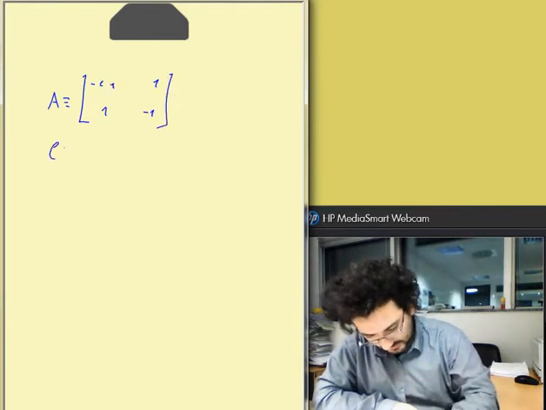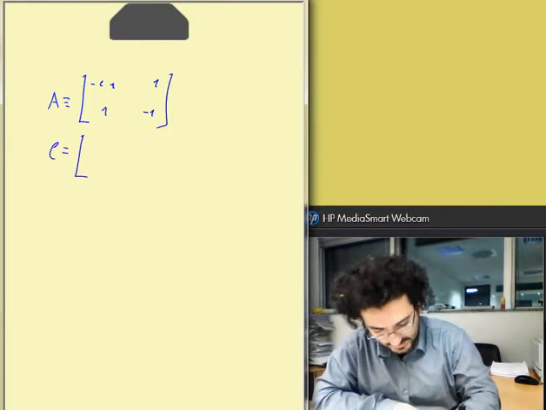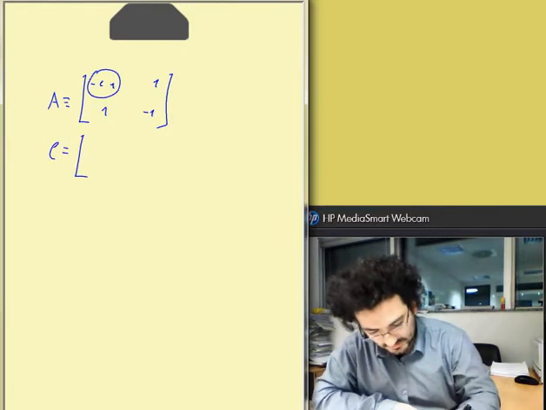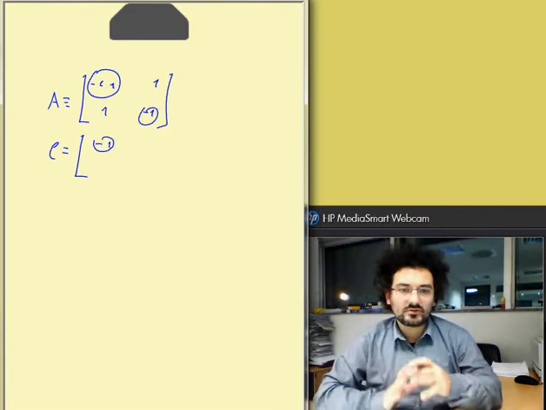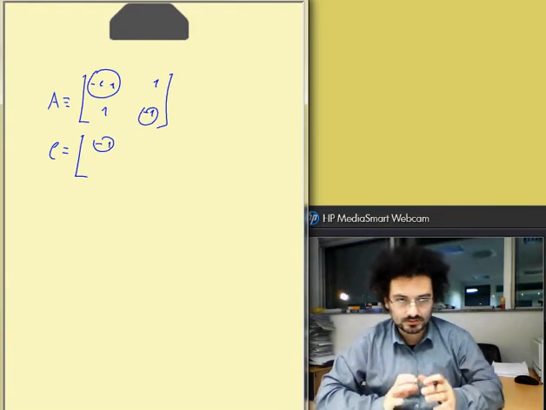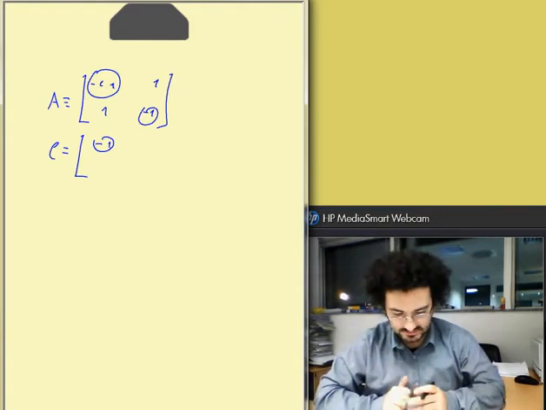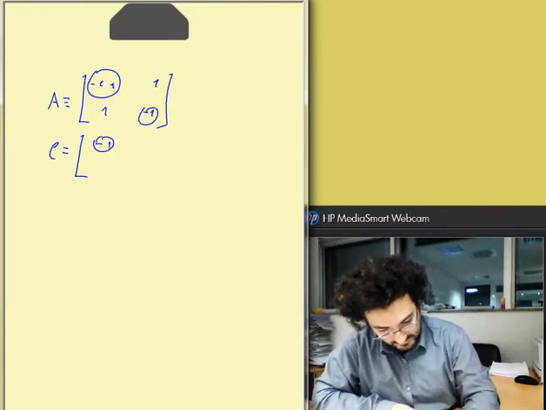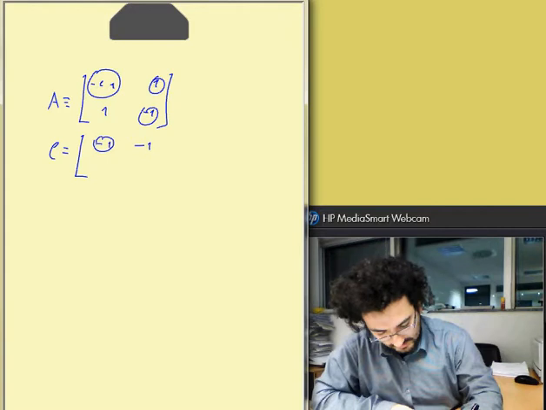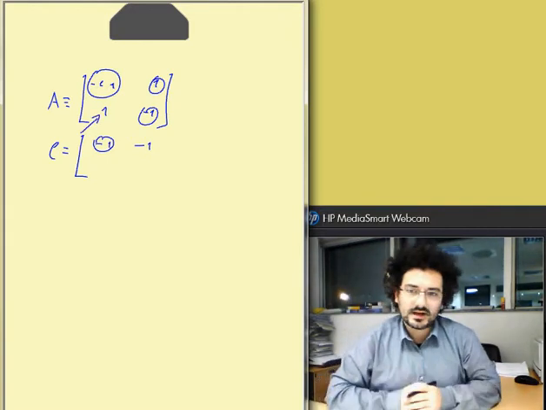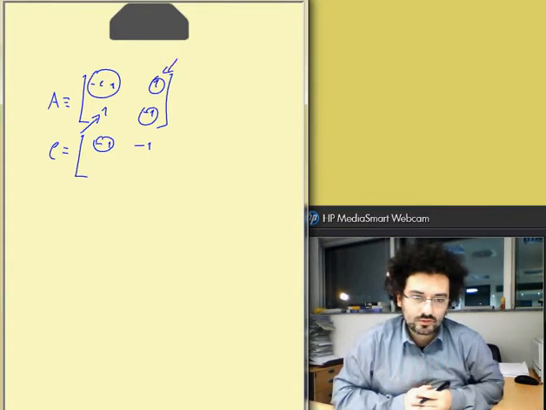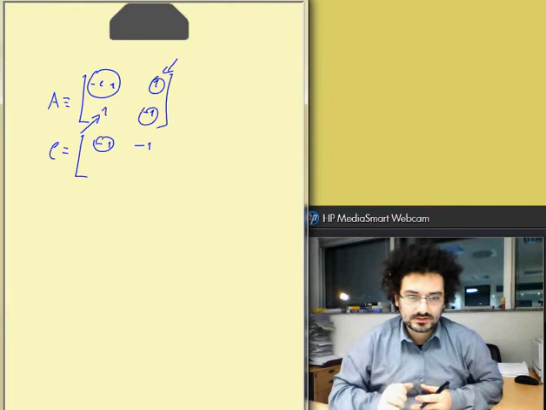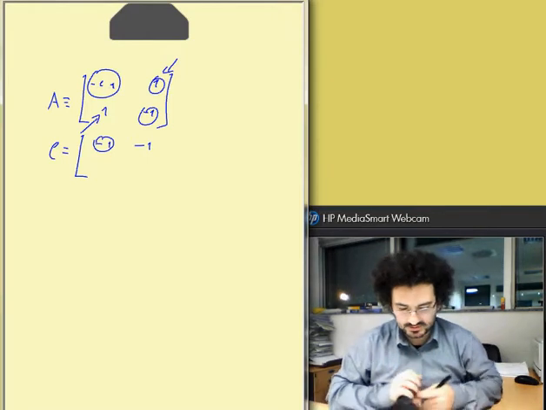Now we have to consider the matrix of cofactors for matrix A. So the cofactor for the element 1 in the first position is minus 1 with the same sign, because it's in position 1, 1, so the sum is 2, and minus 1 to the power of 2 is plus 1. And we have the cofactor of minus C1, which is C1, no, because we need to change the sign of these elements, because it is in position 1, 2, so the coefficient is minus 1 to the power of 3, which is minus 1, so we need to change the sign.